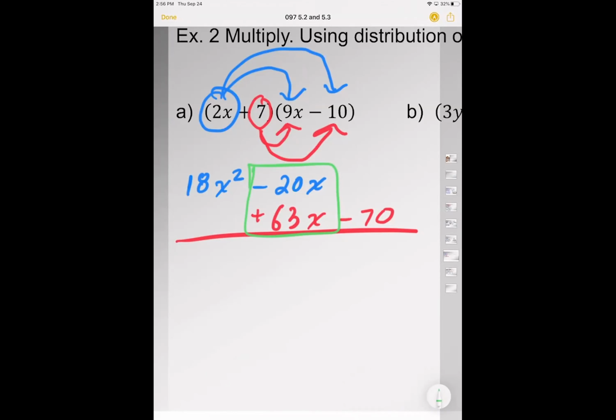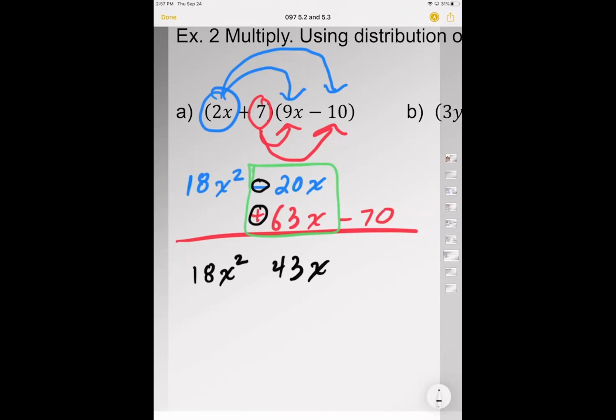Okay, so looking at this, hopefully you guys see that 18x to the second is still 18x to the second. One of them is positive, the other one is negative. Same sign I add, opposite sign I subtract. And if I subtract this, I would get 43. And which is the sign of 43?